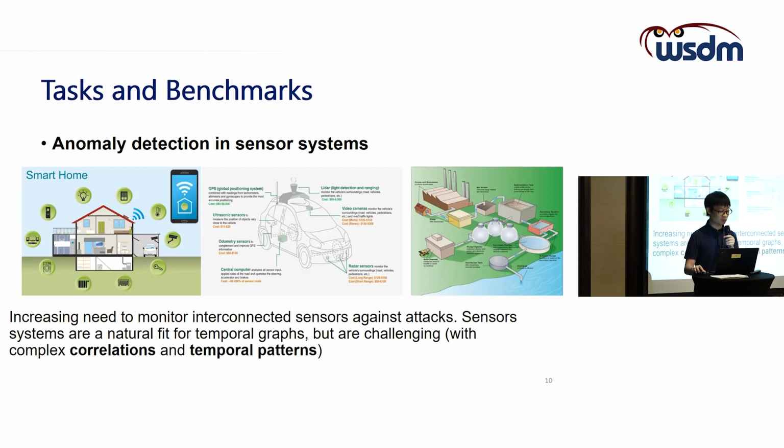The motivation is smart home sensors, autonomous driving sensors, industrial sensors, and so on, and the goal is to monitor these systems against attacks. Sensor systems are quite a natural fit for temporal graphs, but they are challenging. In particular, they have very complex correlations or temporal patterns, which cannot really be handled by the existing approaches.